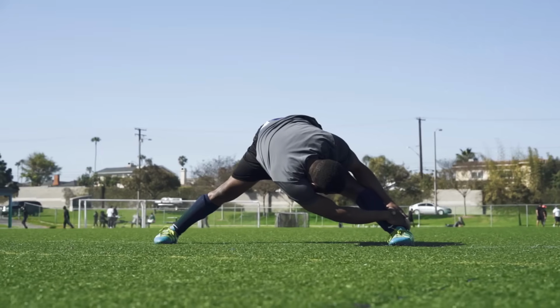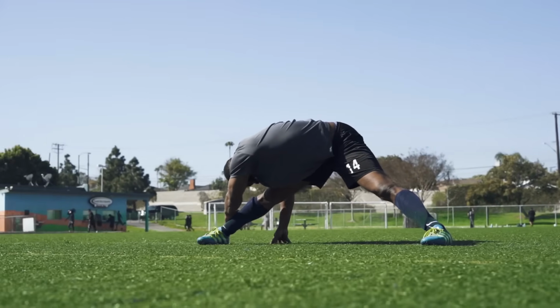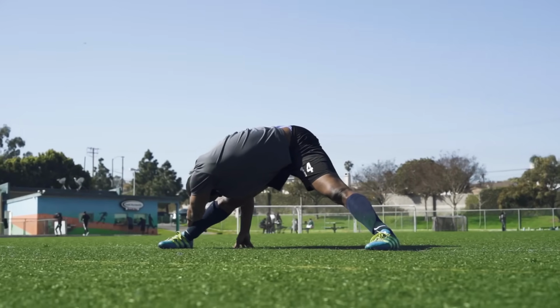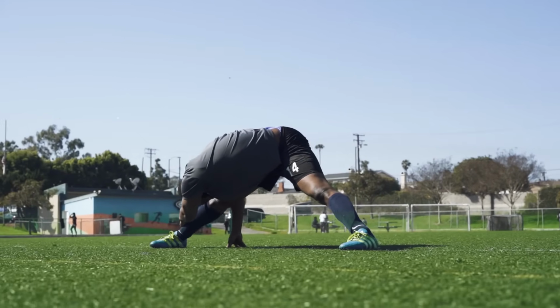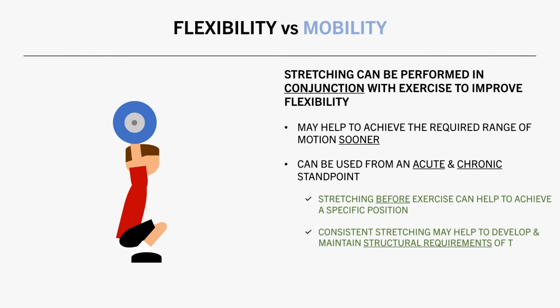For example, a soccer player might incorporate a little stretching into their warm-up routine to ensure they have the required range of motion necessary to run, jump, swing their legs, and so on. Furthermore, chronic stretching may help someone develop and maintain the structural flexibility adaptations required for performance in their sport or event.